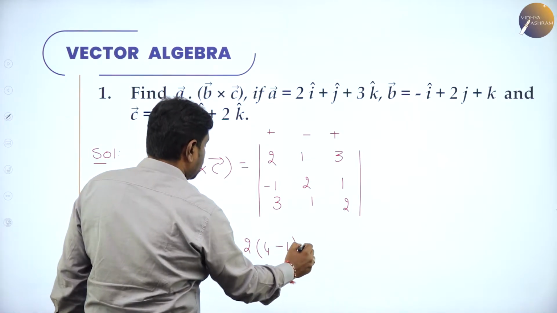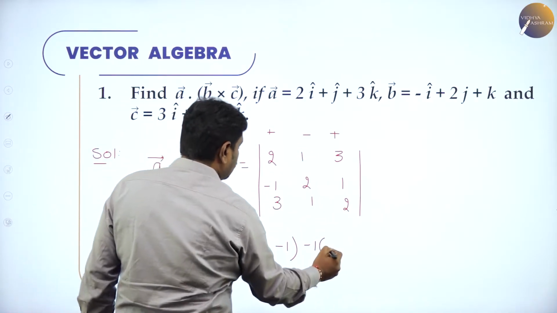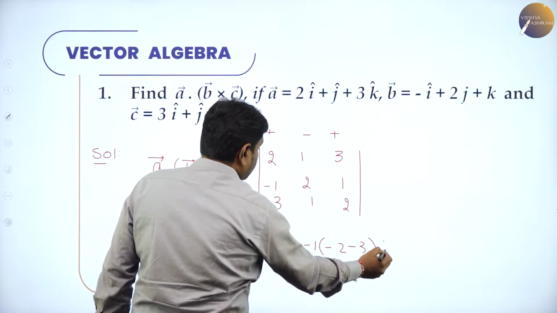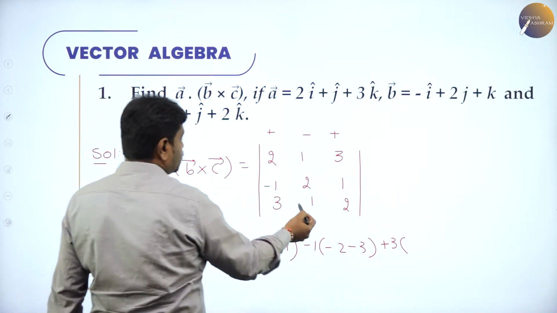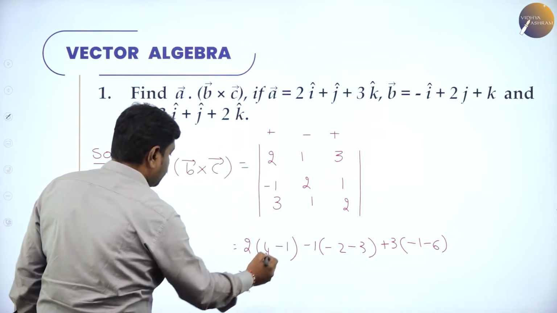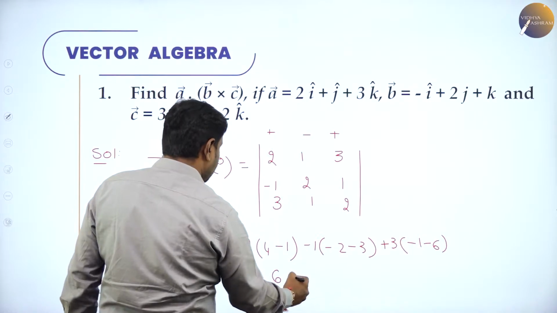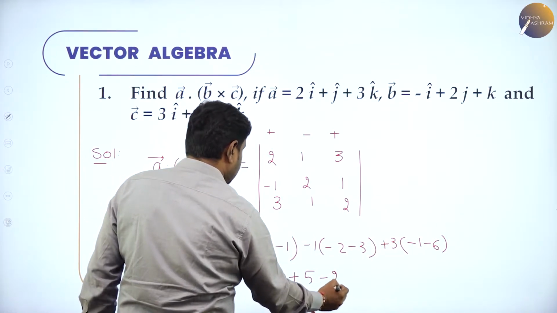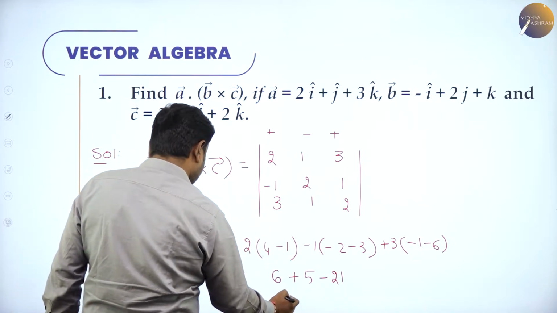Minus 1 into, delete the column and row, minus 2 minus 3 is minus 5, minus into minus is plus 5. Plus 3 into, minus 1 minus 6 is minus 7, so 3 into minus 7 is minus 21. So 3 plus 5 plus 6 will be 11, and 11 minus 21 is minus 10.